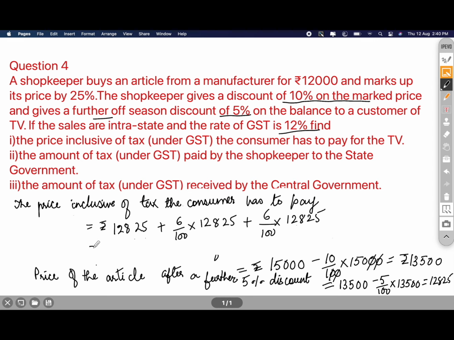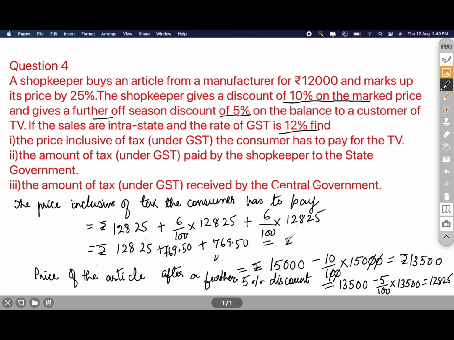Fine. Now when you simplify this, you will get 769.50 plus 769.50.